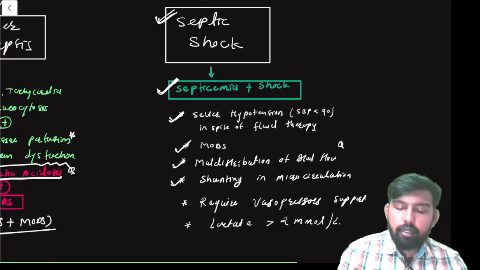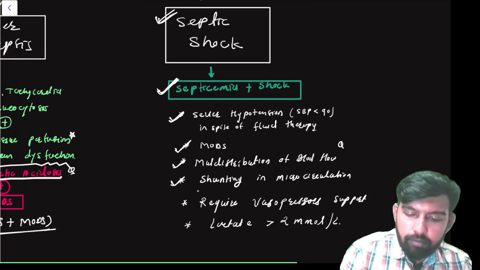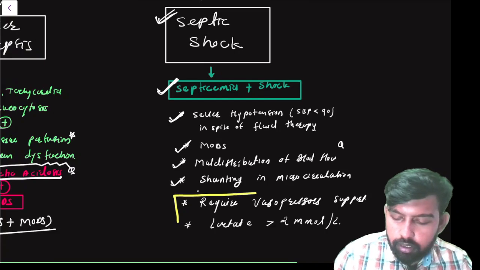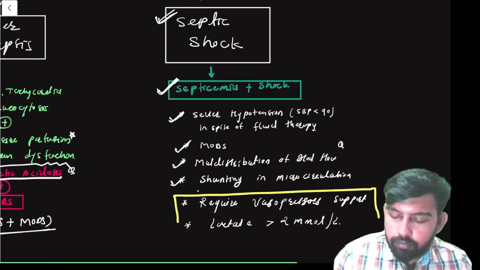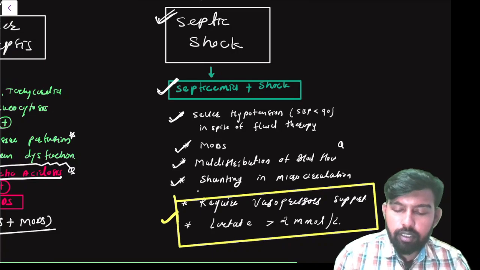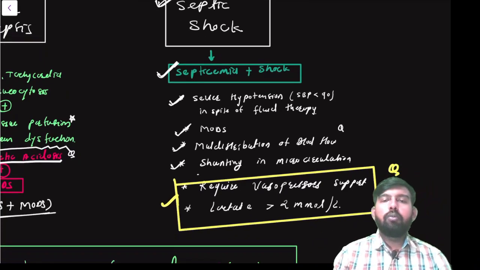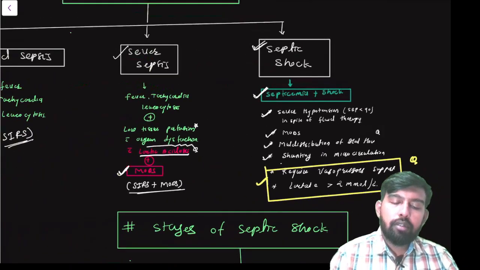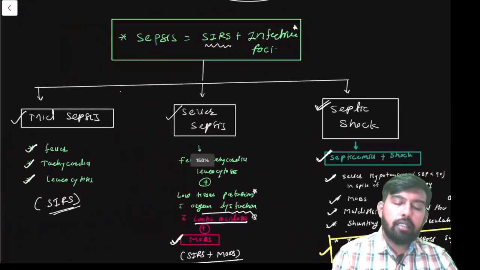The most important factor to diagnose septic shock is the requirement of vasopressor and the presence of lactic acidosis more than 2 millimole per liter.